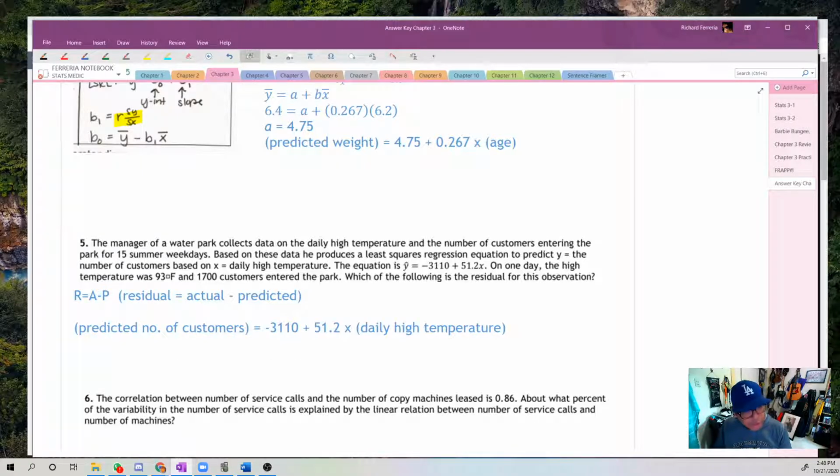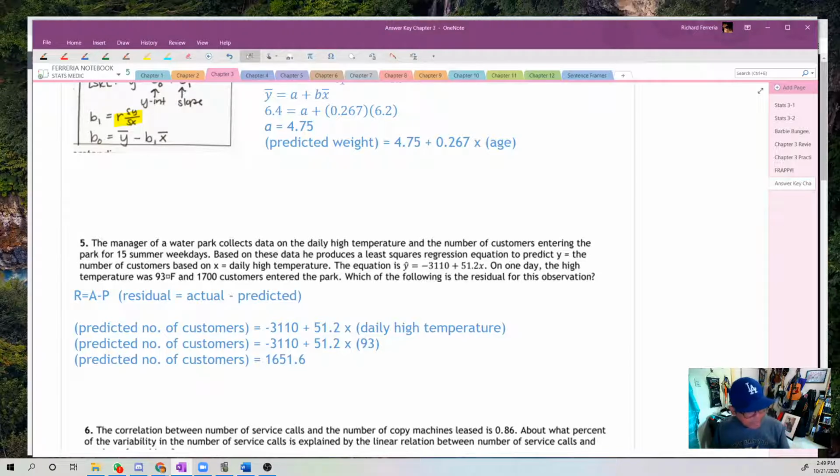Rewriting our regression equation, we get the predicted number of customers as negative 3,110 plus 51.2 multiplied by the daily high temperature. So let's substitute that daily high temperature. It's supposed to be 93 degrees.